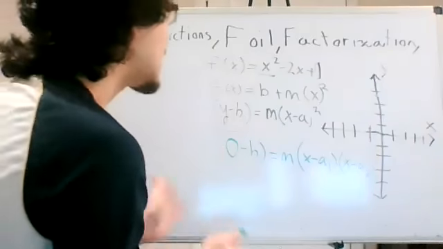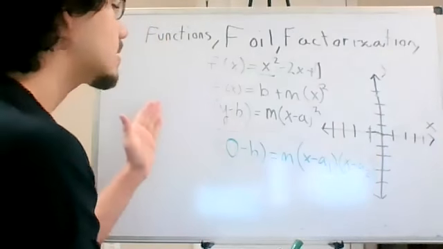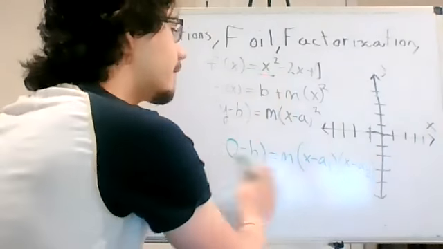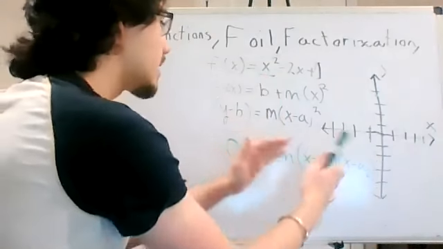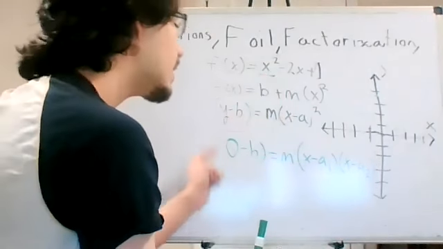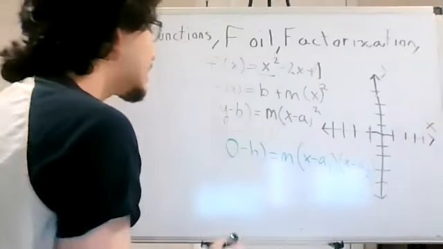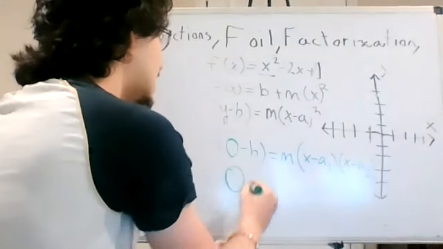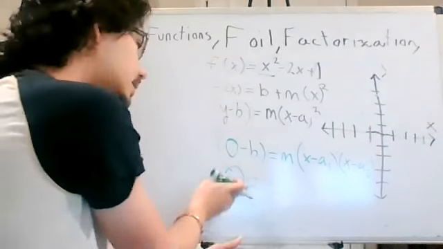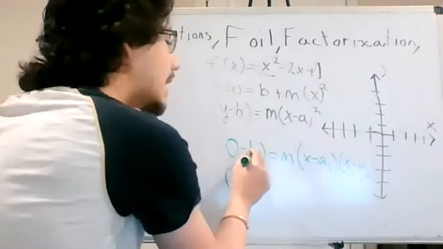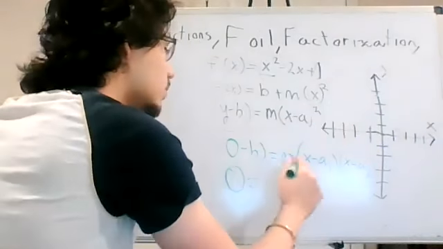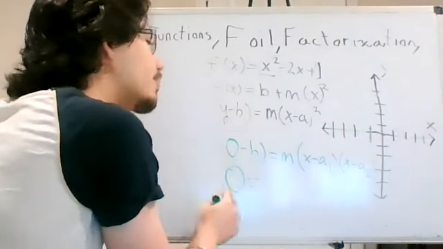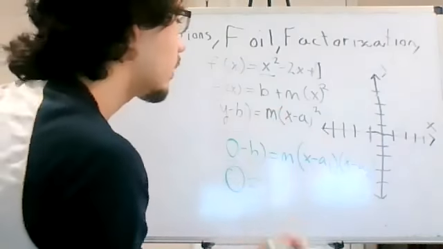Normally when we describe our function in its standard form, this is how we would write it out to show as much information as possible. But when we are trying to find information such as this, we will need to take this y-intercept and bring it over. What this describes is that we're finding the 0, literally the 0, and the y-intercept affects what the zeros will be in some respect. That's why when y equals 0, this b is still left over, and the b will change the calculation in a way.